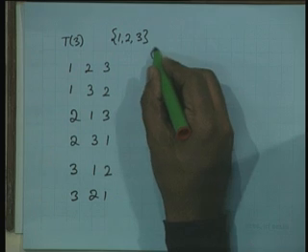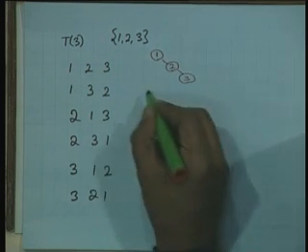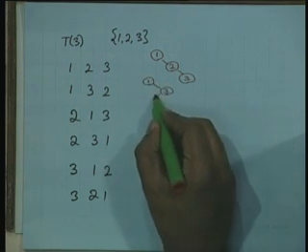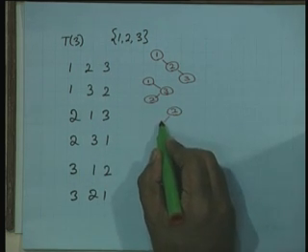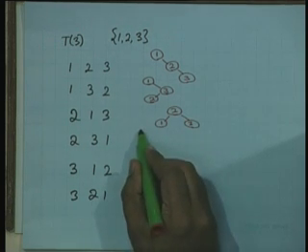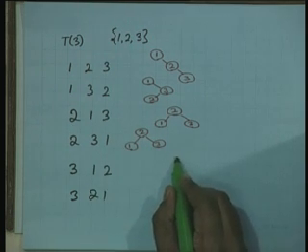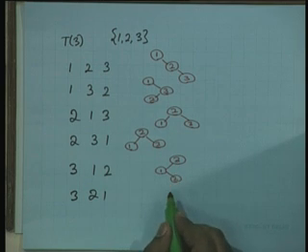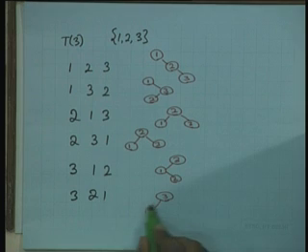We would get a tree whose root is 1, 2 would come to the right and 3 would come after that. When elements are inserted in this order, we would get a tree 1, 3 to the right, 2 to the left of 3. Elements inserted in this order, we will get a tree which is 2, 1 to the left, 3 to the right. When elements are inserted in this order, we get a tree which is 2, 3 to the right, 1 to the left. When elements are inserted in this order, we get a tree which is 3, 1 to the left, 2 to the right of 1, but to the left of 3. And in this order, we get 3, 2 to the left, 1 to the left.